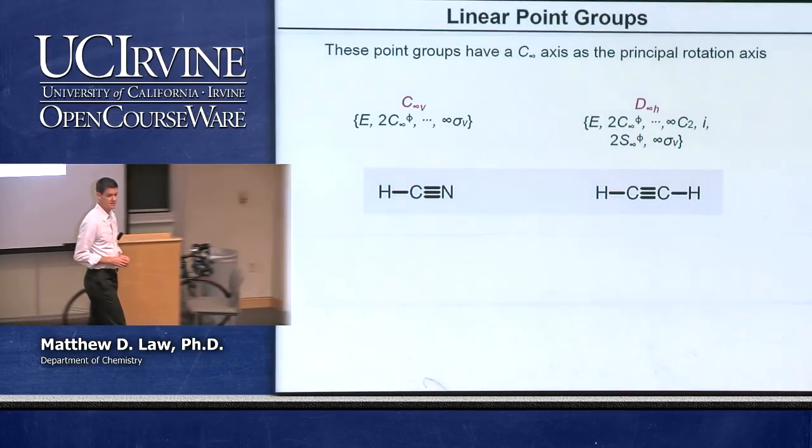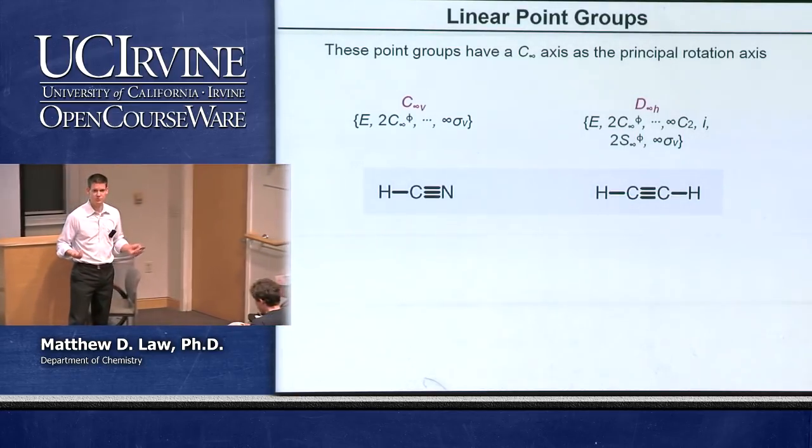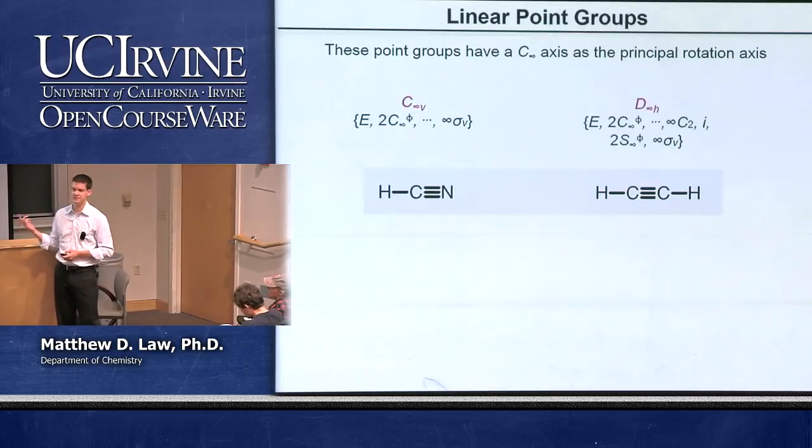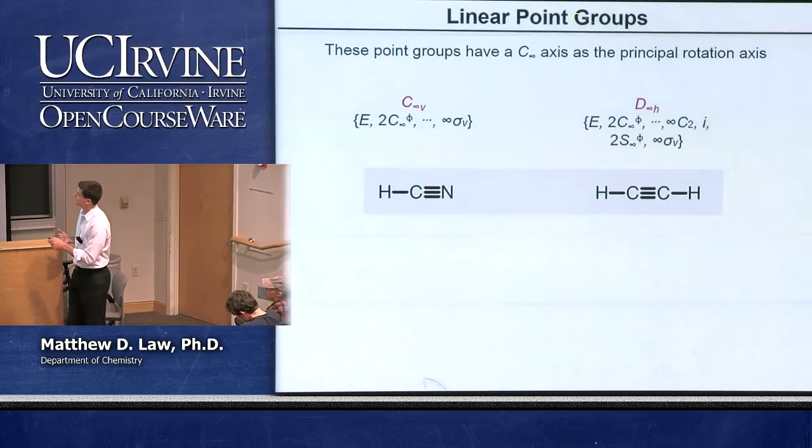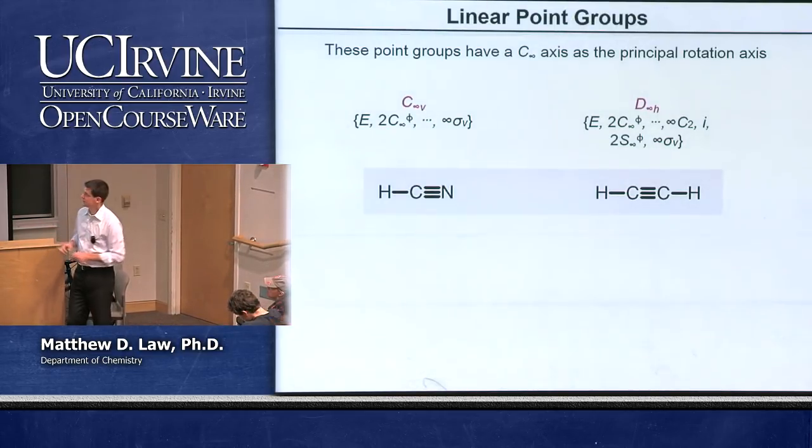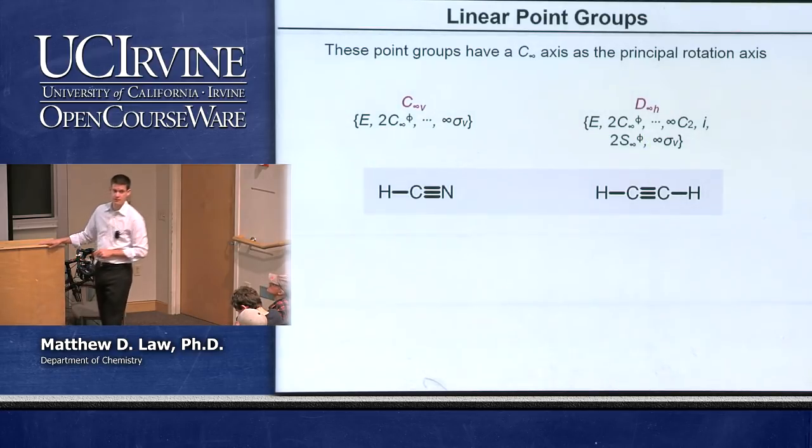Trivial to see it, right? If you have a linear molecule, it's going to be a linear point group. It's either the C infinity V or the D infinity H. Let's talk about the D infinity H. It's got the stuff that the C infinity V has, but in addition, it has an inversion center and/or a mirror plane that bisects the molecule like that. And so we have inversion labeled there. We have the infinite number of vertical mirror planes, right, in this direction.